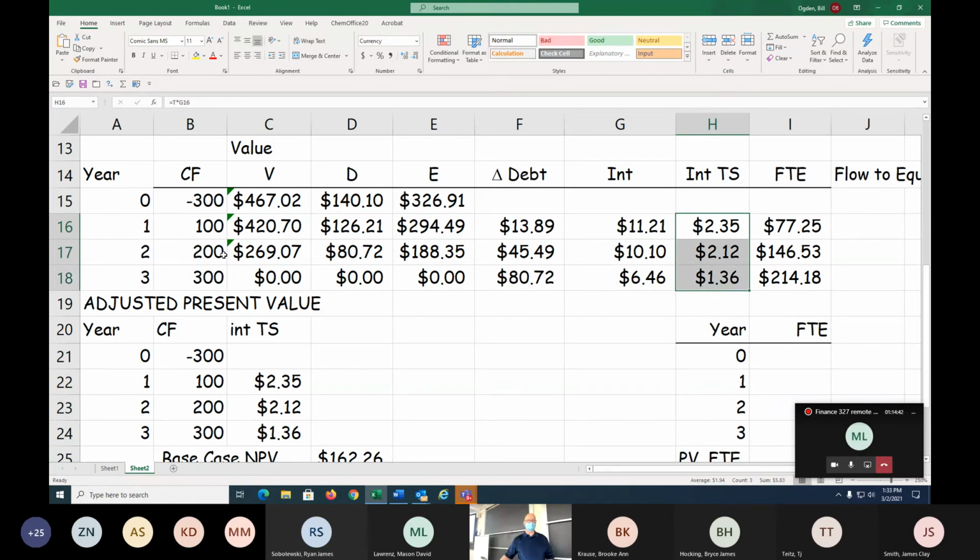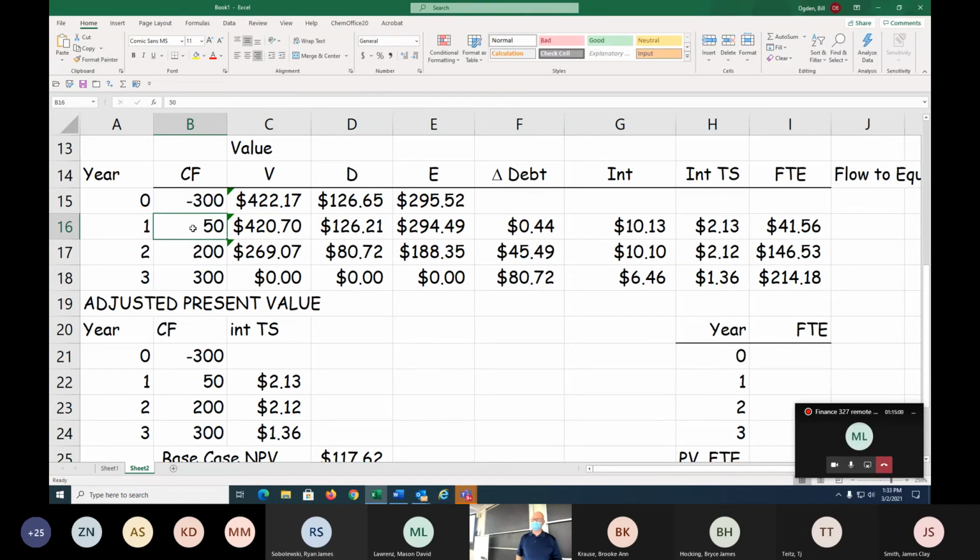So in other words, what if I changed, let's change this first one to 50. We'll change it back if we have to. But just to see, now watch what happens to your interest tax shield. Oops, I'm pushing the wrong key. See that? It changes. It has to.